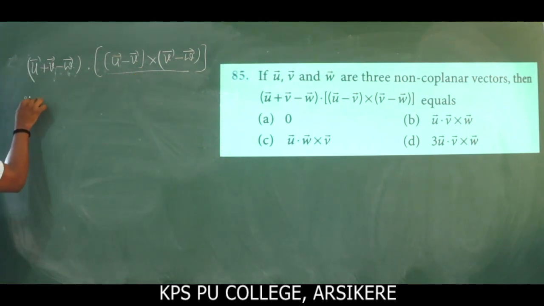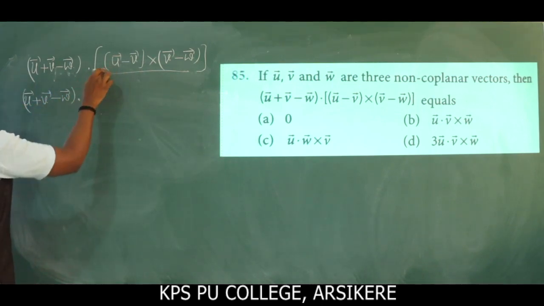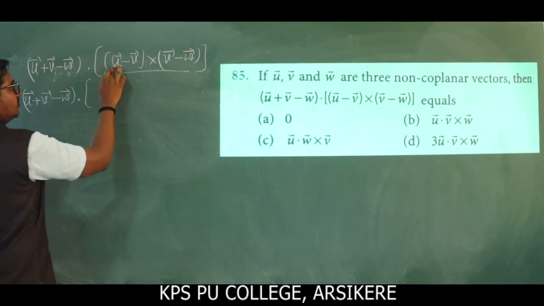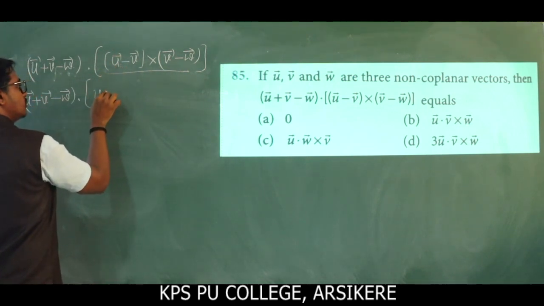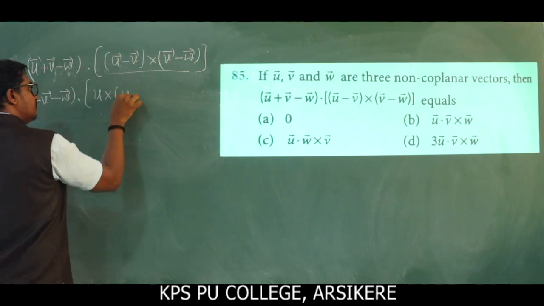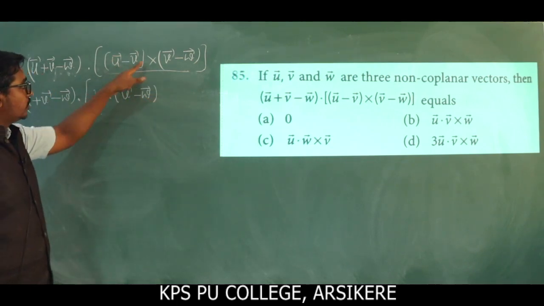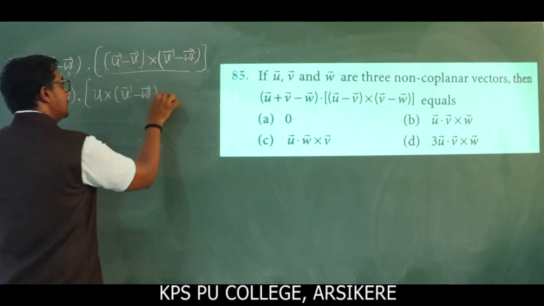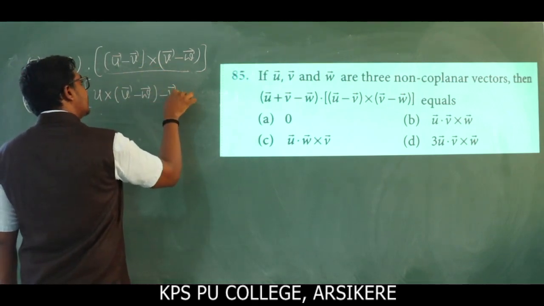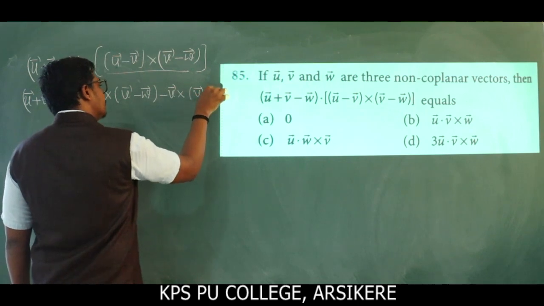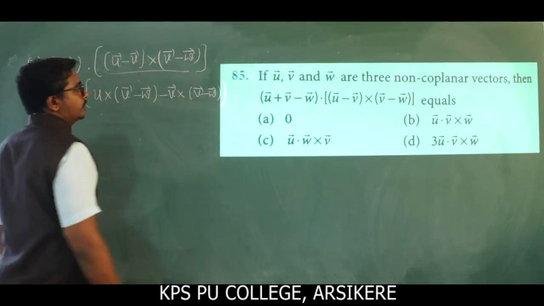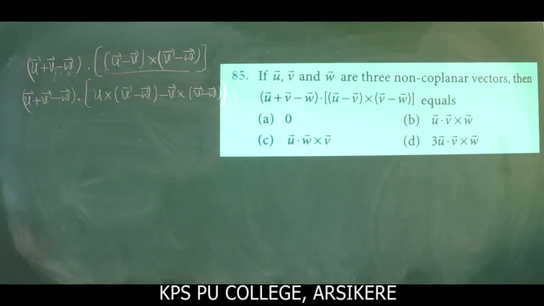So write the first term as it is, u plus v minus w, dot, and then u cross v minus w minus vector v cross v minus w.